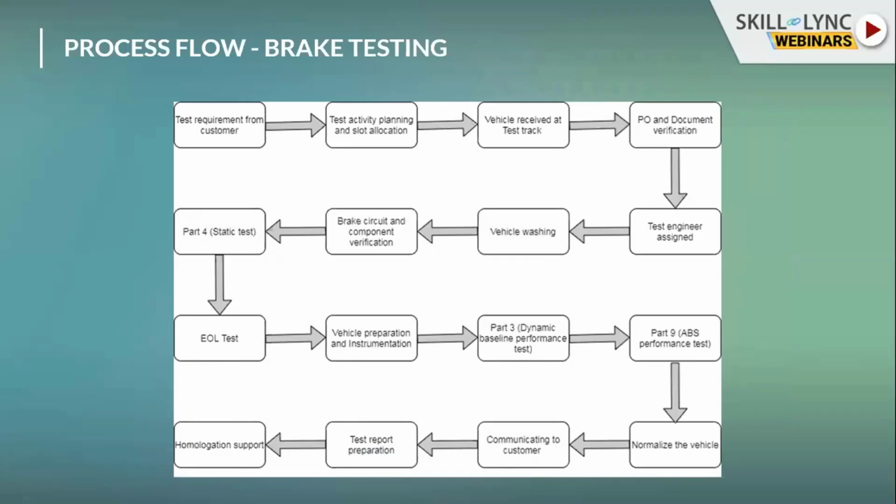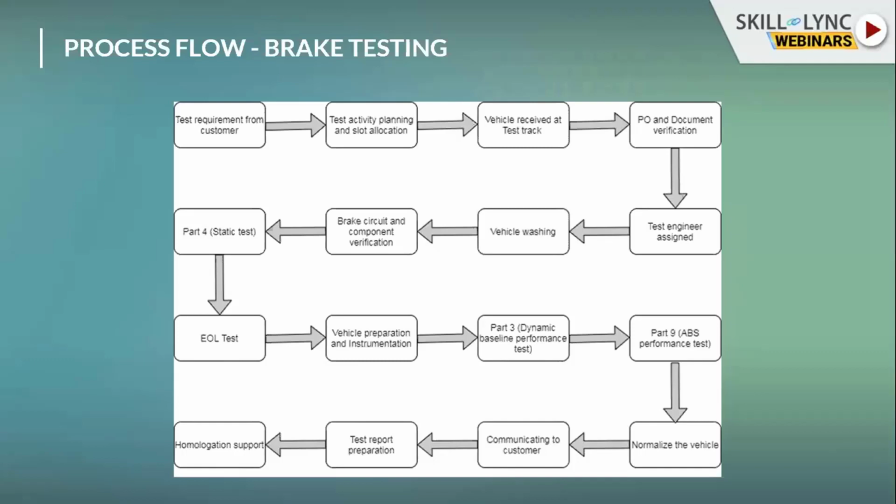The customer can be anyone, either an OEM or a tire supplier. Whoever manufactures the vehicle and wants to homologate his brake system can be the customer. Then comes the test activity planning and slot allocation.